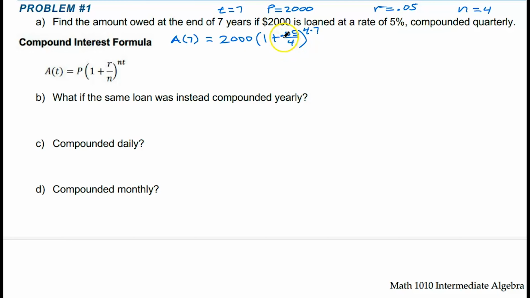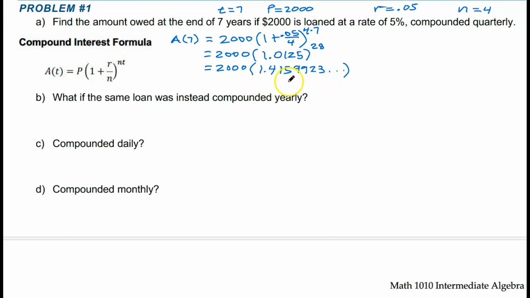Put in your calculator 0.05 divided by 4, and then add 1 to that. So we'll have 2,000 times 1.0125, all raised to the 28th power, because 4 times 7 is 28. Now we need to raise this to the 28th power.